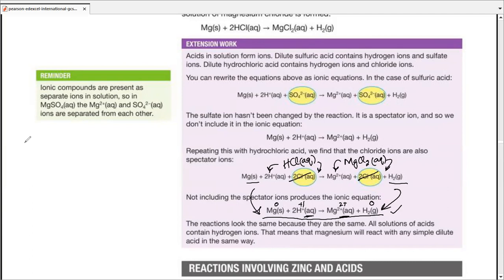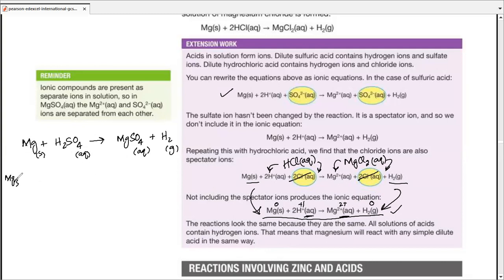The reaction, such as this one, as given over here, with sulfuric acid, gives us magnesium sulfate as a salt, also gives us hydrogen gas. Magnesium here is solid, sulfuric acid aqueous, magnesium sulfate is soluble in water, hence aqueous, and hydrogen is a gas. First, we need to divide these aqueous into their respective ions.